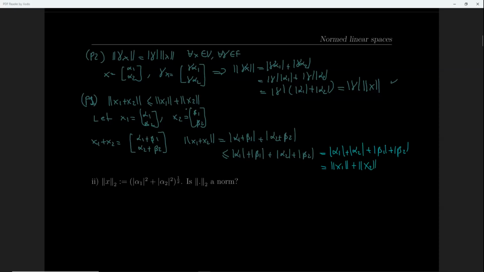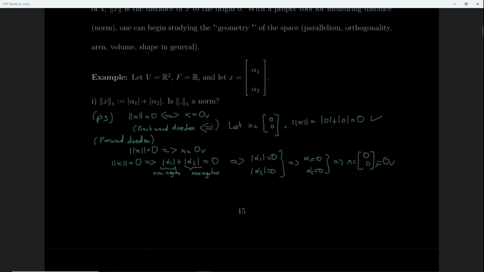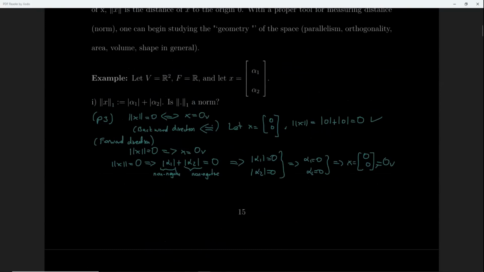Okay, so we were able to show that the norm of x1 plus x2 is less than or equal to norm of x1 plus norm of x2. So all three conditions are satisfied. Therefore, this is a valid norm, and this is called the L1 norm actually.